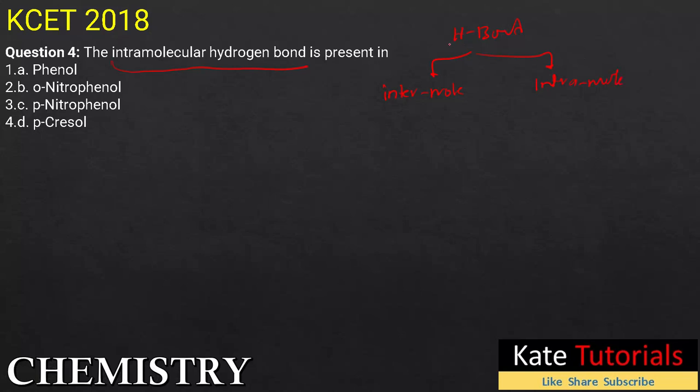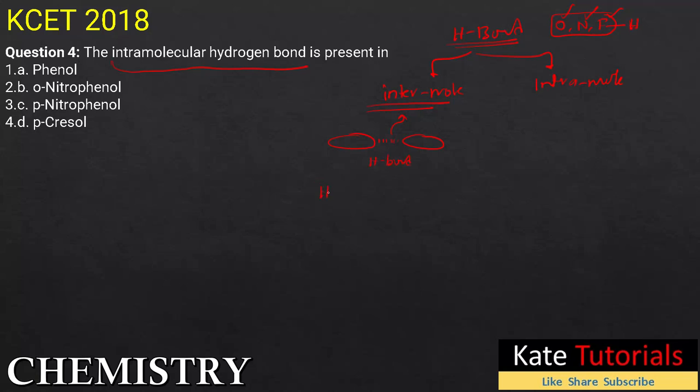And first you should know hydrogen bonding happens between nitrogen, oxygen and halogens, that too fluorine. Hydrogen should be bonded to electronegative atoms like nitrogen, oxygen and fluorine, then only hydrogen bonding happens. For example, intermolecular means between two molecules; here one molecule, here one molecule, if there is hydrogen bonding, that H bonding we call intermolecular.